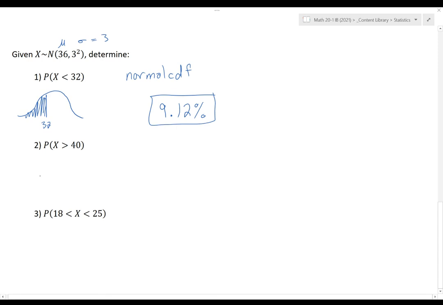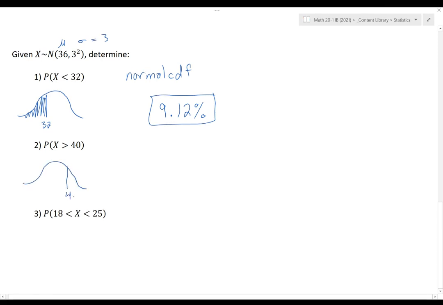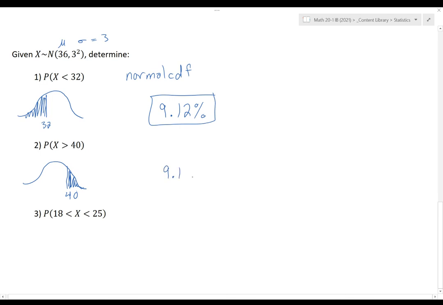If I want the probability that something is going to be greater than 40, so 40 is on the right-hand side of the mean, and I want the probability of it being greater, well, hold on here. If I look at that, 32 was 4 units below the mean, and 40 is 4 units above the mean. So this should be symmetrical. I should get 9.12% again.